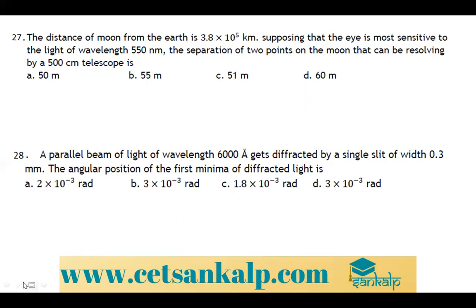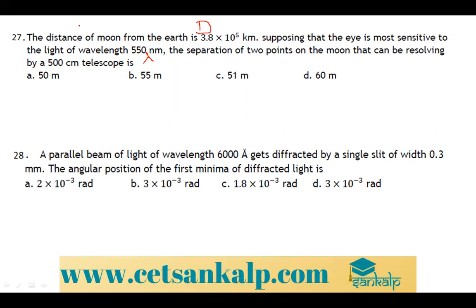So what are the things they have given? This is the distance, capital letter D. This is lambda they have given.